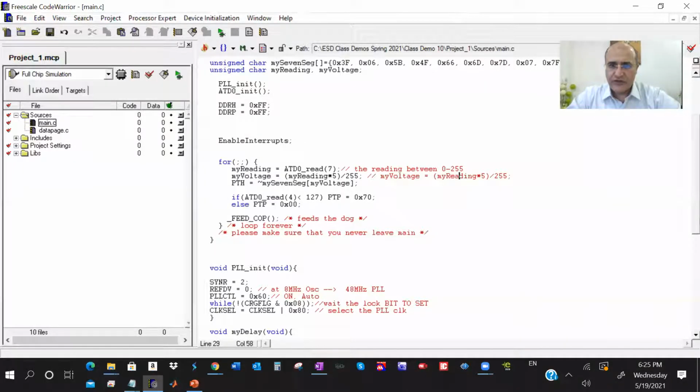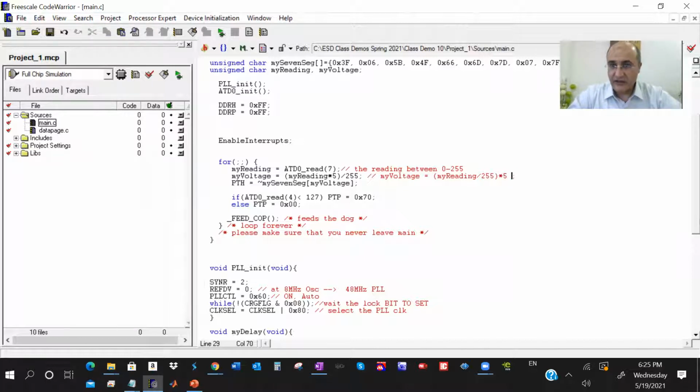So my voltage, if you write it like this, if you divide by 255, then you multiply by 5. Sorry, where is the multiply by 5?